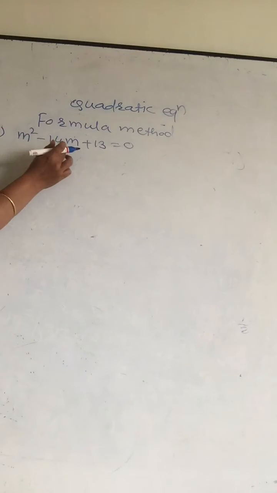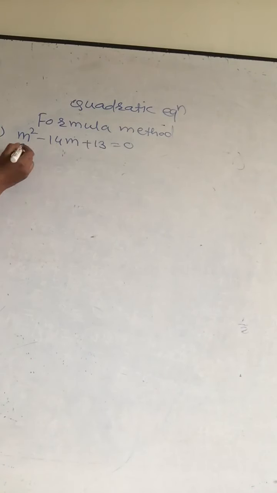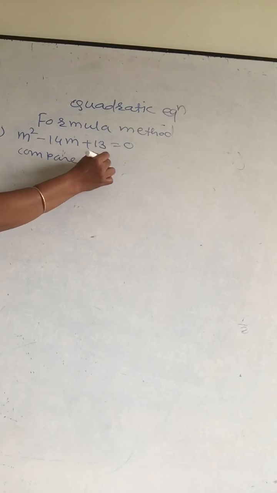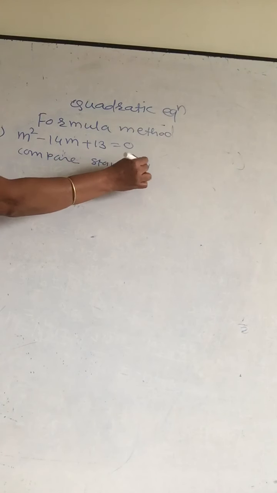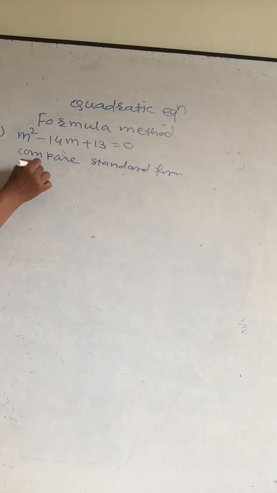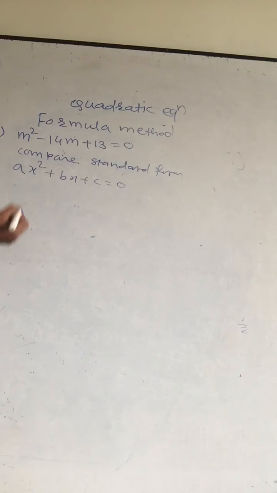So m square minus 14m plus 13 is equal to 0. Now we have to compare this equation with the general form or standard form of the quadratic equation, that is ax square plus bx plus c is equal to 0. What will be the values of a, b, c? The value of a is 1, the coefficient of x square or m square.